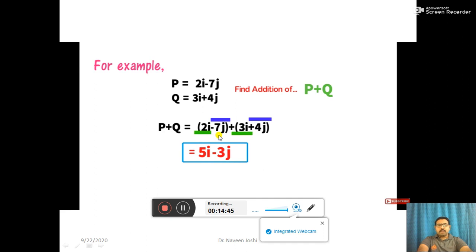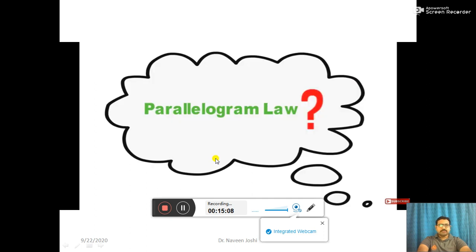Similarly for the jth component: minus 7j plus 4j gives minus 3j. Therefore P plus Q gives 5i minus 3j. I hope you understood vector addition.